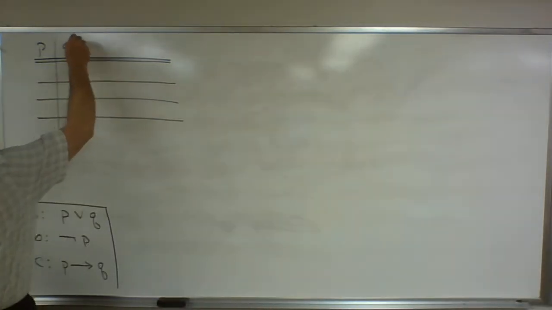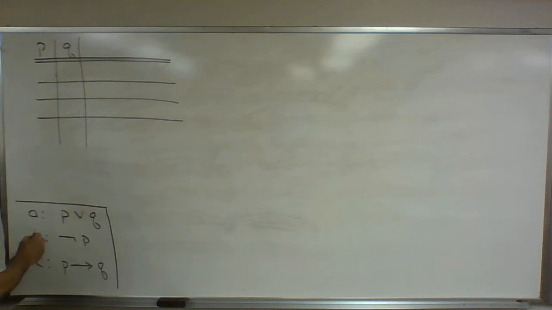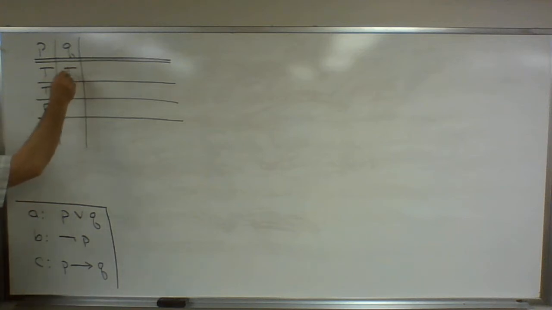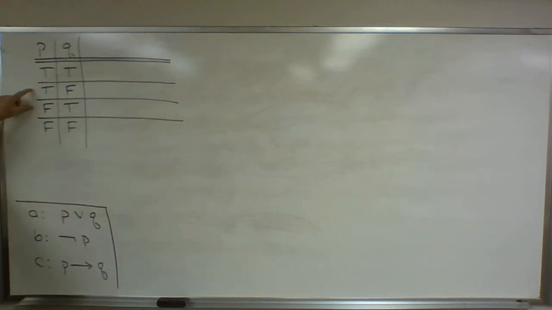So when we only have two simple statements, this is how we do it. On the outside, true, true, false, false. And on the inside, true, false, true, false. These are all of the combinations of truth values of P and Q, with no repetitions.